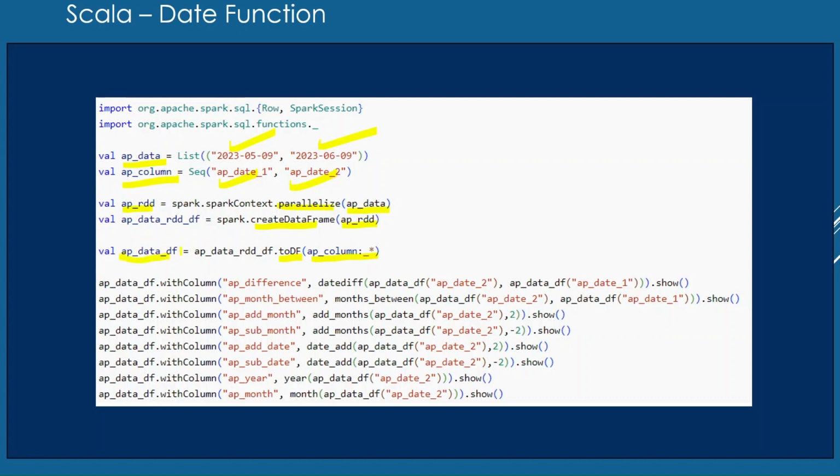Once this data frame gets created, I am creating this column with the help of the withColumn function, and I am using this datediff function. What this datediff function will do is take this date and this date, and whatever the difference between the dates is, it will show us.